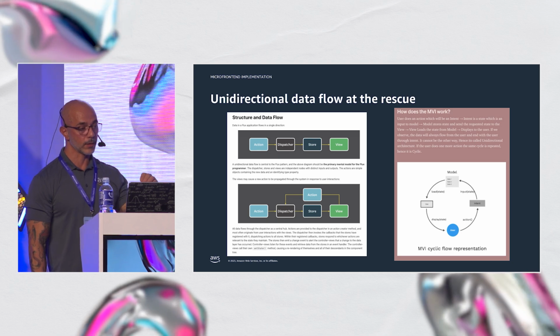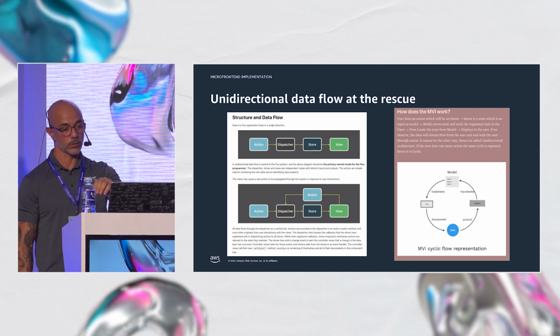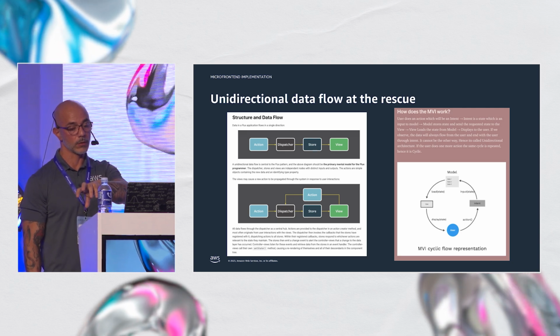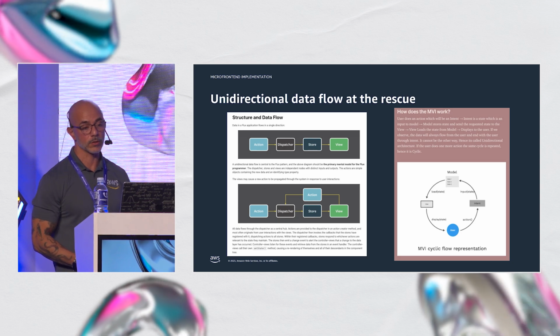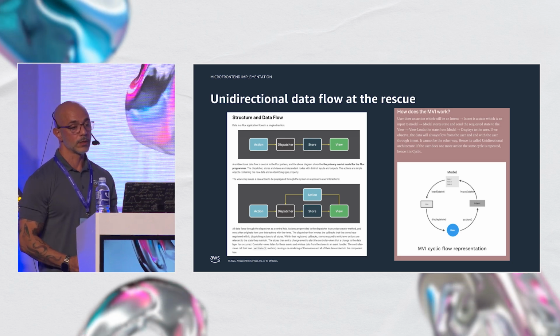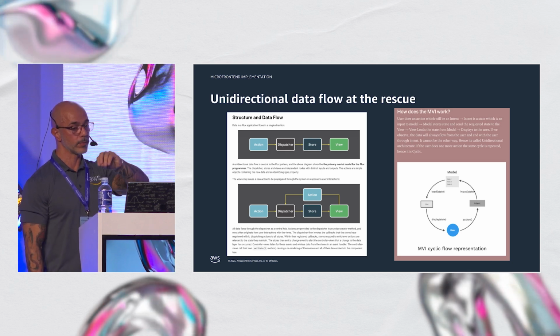The reason for that is you want to have only one way to update the information. So if that information now is capable of updating itself, you can create damage in your architecture. So the idea behind this is that there is only one way to update the information.